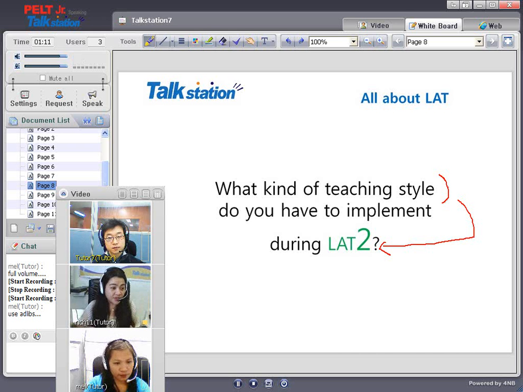If you're a very good teacher, immediately during the LAT classes, the student will always choose you. So this is the time for them to shine, to give their best shot during LAT classes.